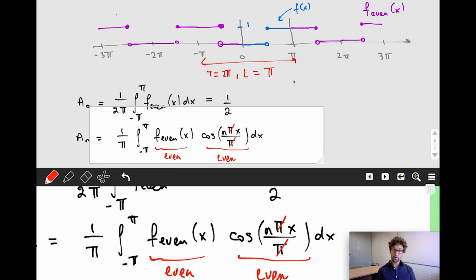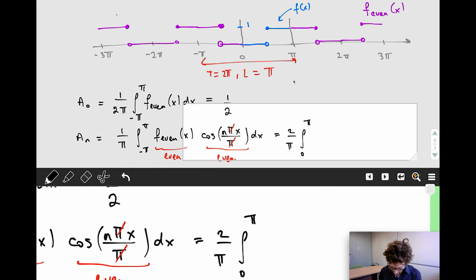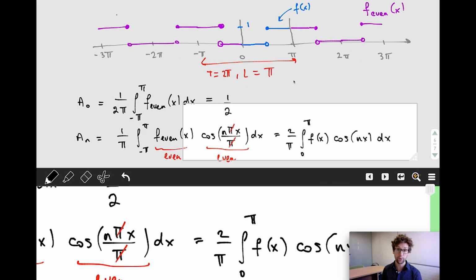So I've got the integral of an even function, so I can use the fact that this is 2 times the integral between 0 and pi. And what's nice about that is that my function f of x is equal to f_even of x between 0 and pi. So I've expressed everything now in terms of my original initial distribution of temperature, f of x.